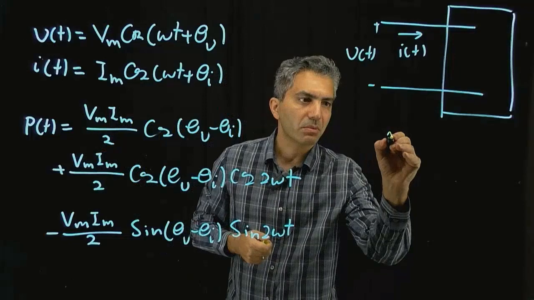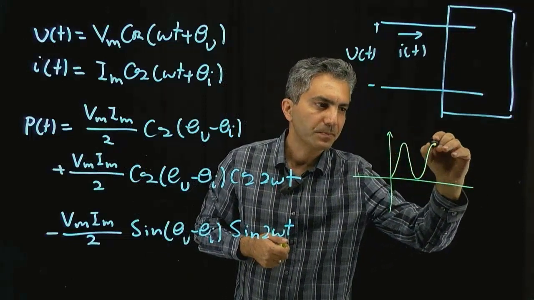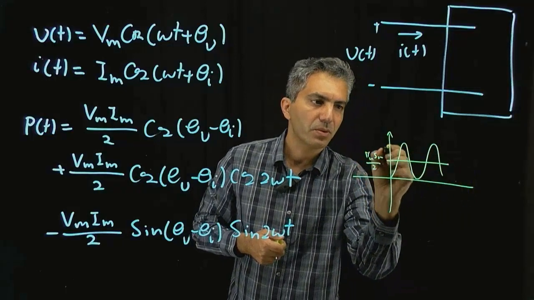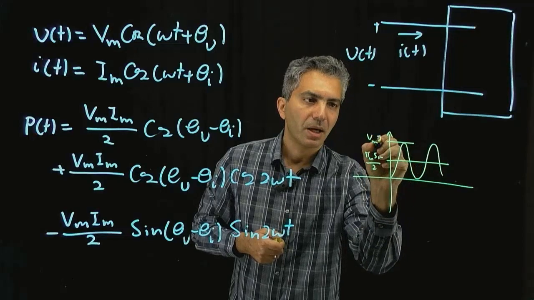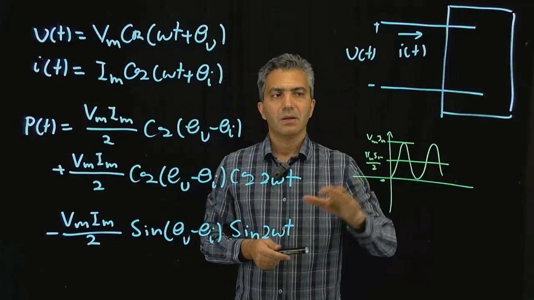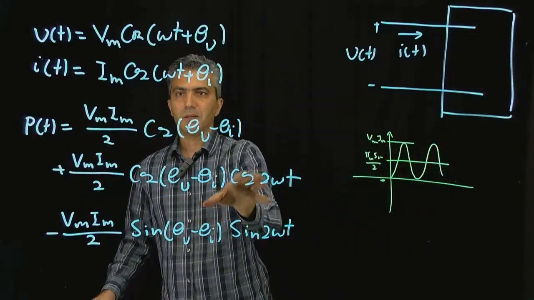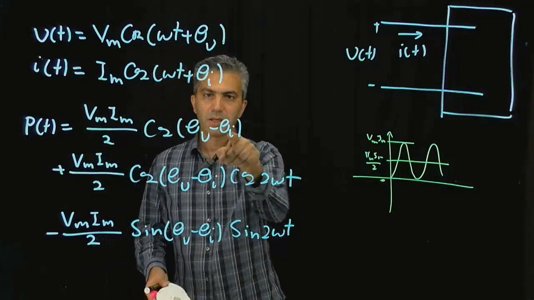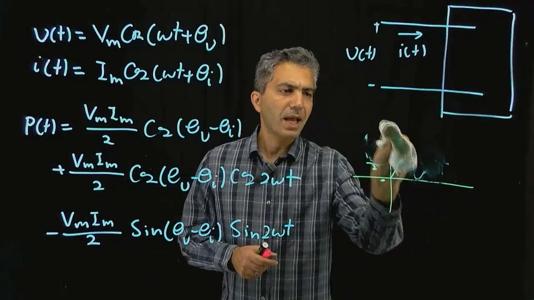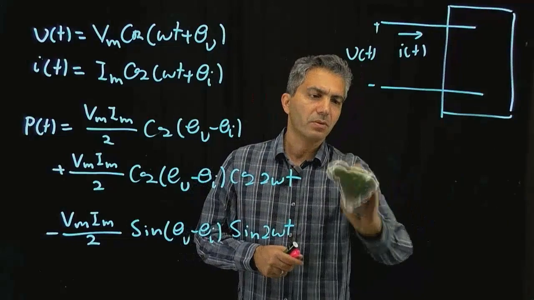So just to quickly remind you, the power looked like this, and the average was Vm Im divided by 2, and it would go up to Vm Im and down to 0 in the case of a resistive load. That's what you would get from taking this equation and assuming theta v minus theta i is equal to 0.